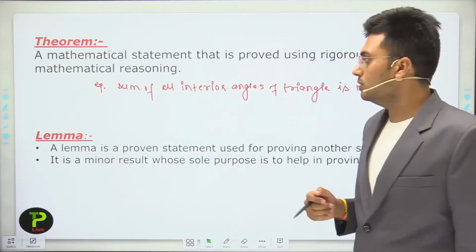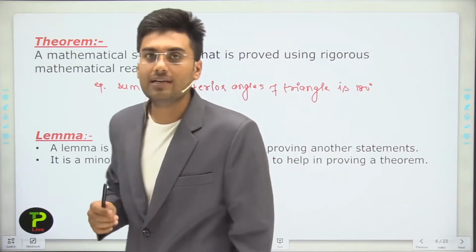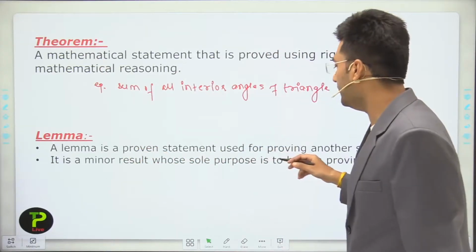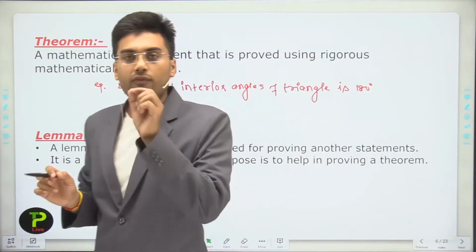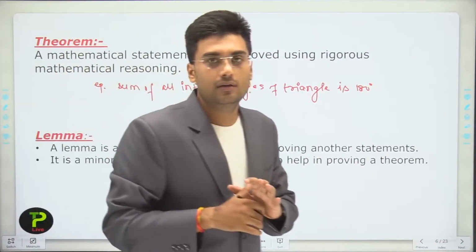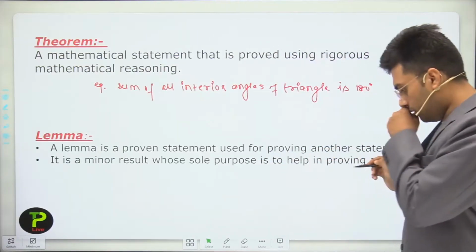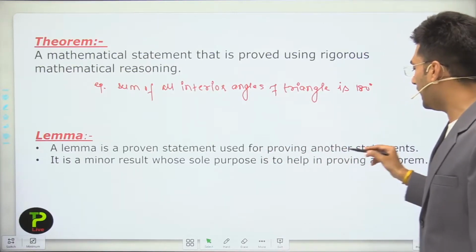Okay. So after the theorem, the next term is lemma. What is a lemma? A lemma is a proven statement used for proving another statement. We don't require to prove it, and it is used for proving another statement.